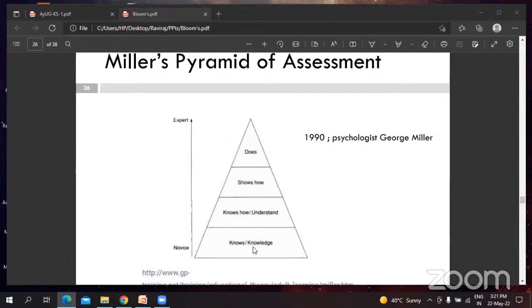Whether you have a certain level of knowledge. Then we will ask whether you know how this happens. So anemia causes fatigue. This you know, but I will ask you how anemia causes fatigue.